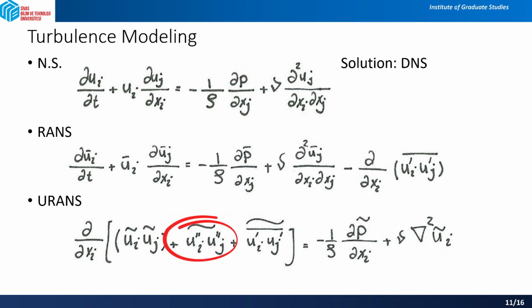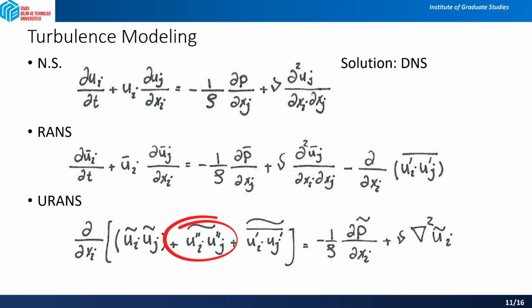For example, this term in here, you're seeing that two double prime values are multiplied and then get averaged. If you remember, double primes were deterministic fluctuations, right? That's why from now on, when two values are multiplied, we call them stresses.